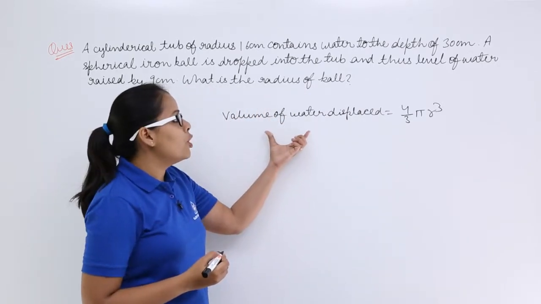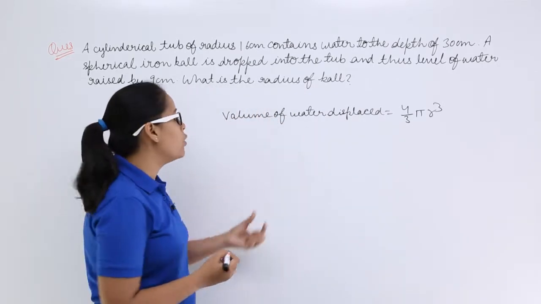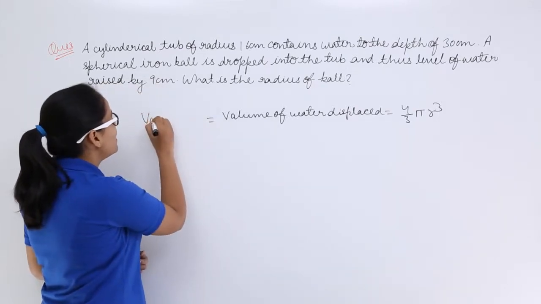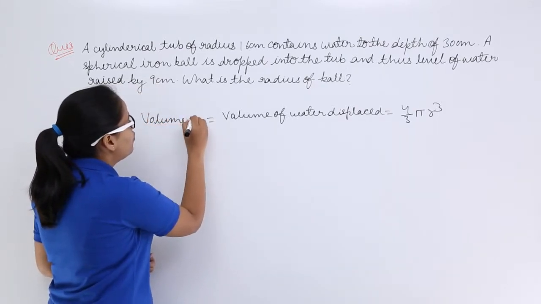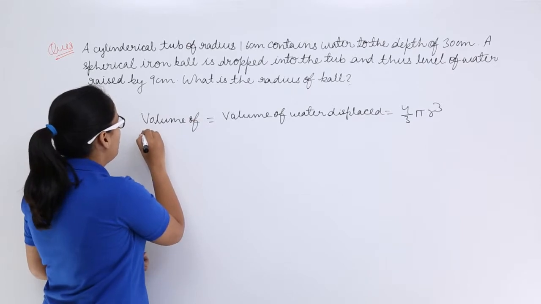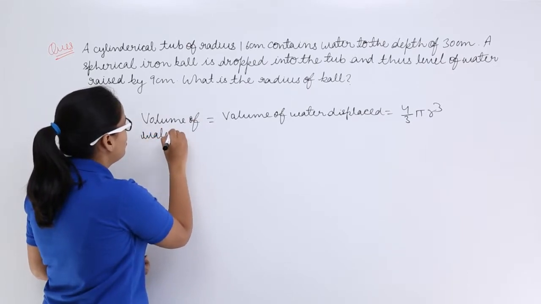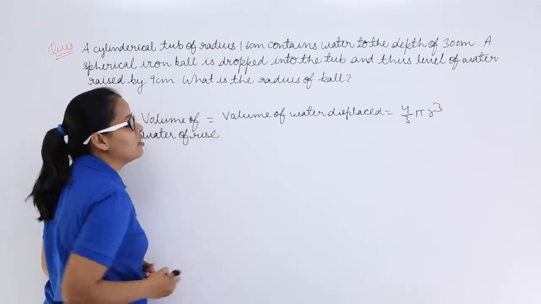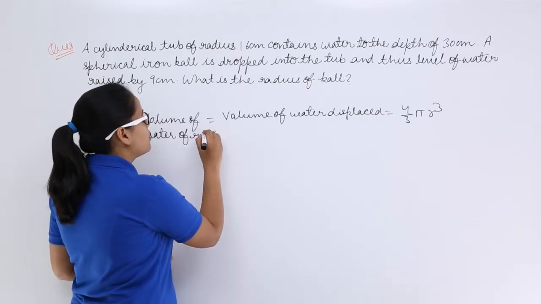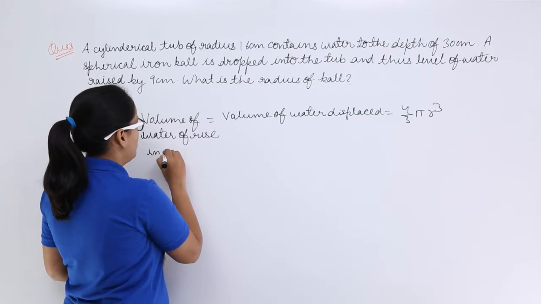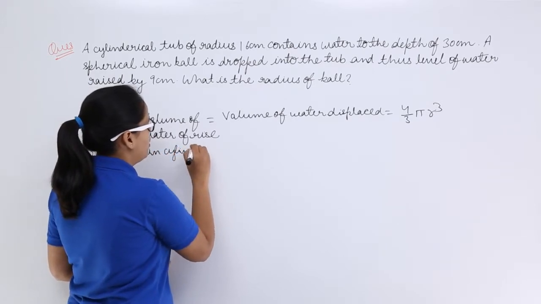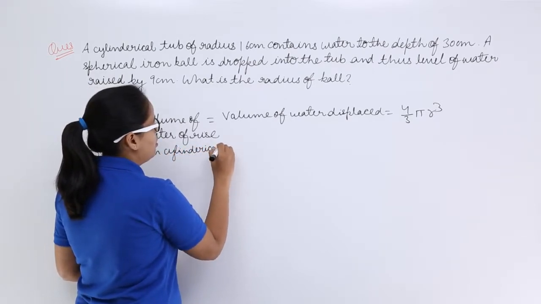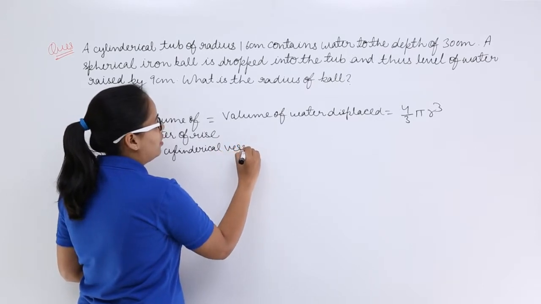You know that the volume of water displaced will be equal to the volume of water rise in the cylindrical vessel.